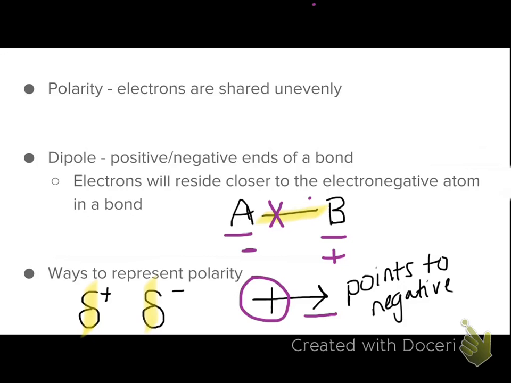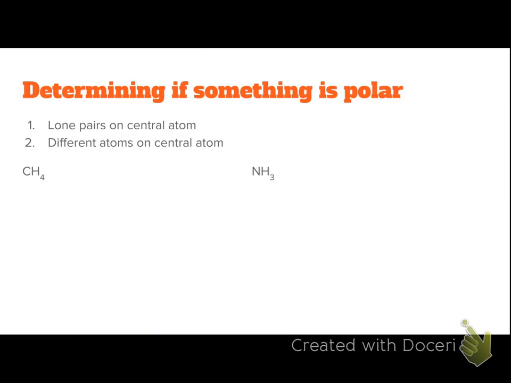All right, so let's go ahead and do some examples here. So not just when we're looking at bonds between two atoms, but if we're looking at an entire molecule or compound, some ways that you can definitely know something is polar if you have lone pairs on your central atom. So this should make you think, okay, we have to draw Lewis structures again.